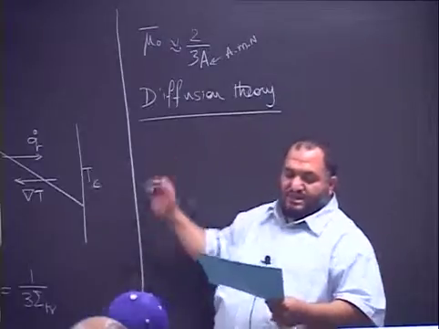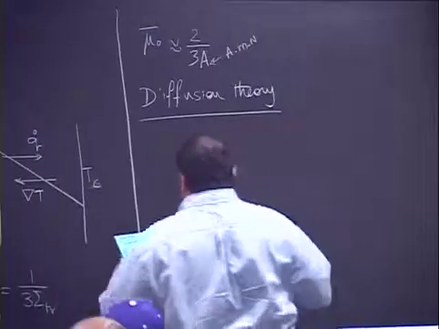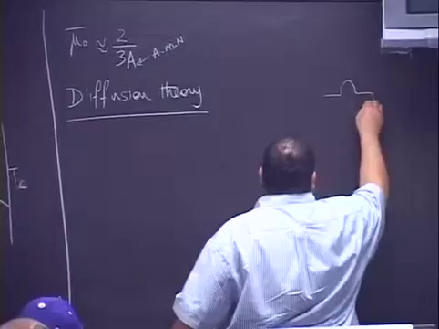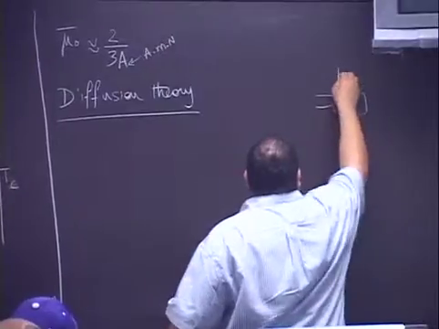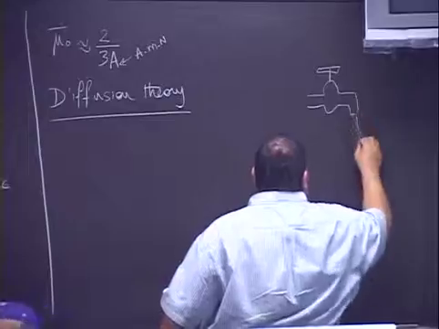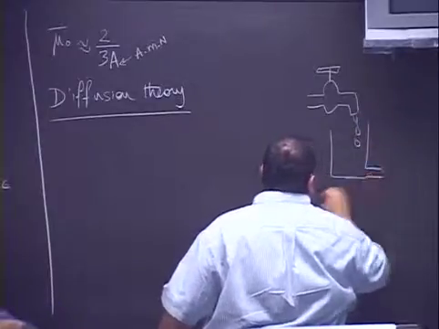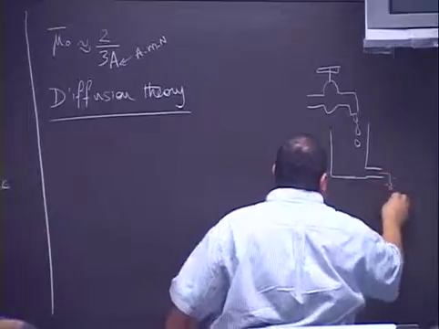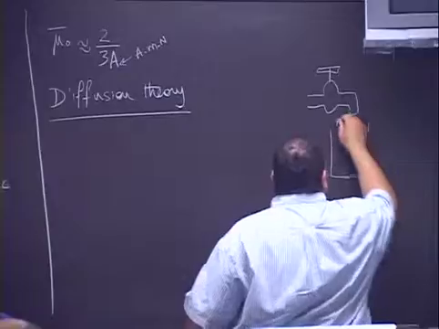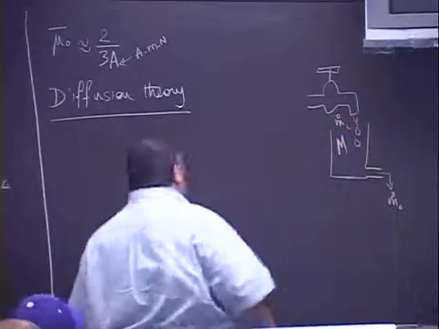So let's assume that we want to study the diffusion theory. Let's assume that we have a tap here, and there are droplets coming out and you are filling a tank. So there is m dot exit and m dot inlet, and you have total mass m inside.